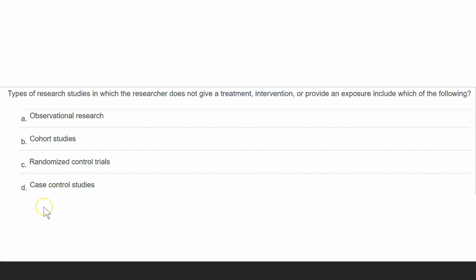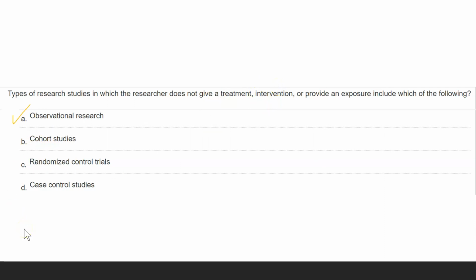Here's another question. Types of research studies in which the researcher does not give a treatment, intervention, or provide an exposure includes which of the following? So which of the following has ones that do not give a treatment? So do not give an electric toothbrush to people, for example. Do not give an intervention. Do not give a treatment.